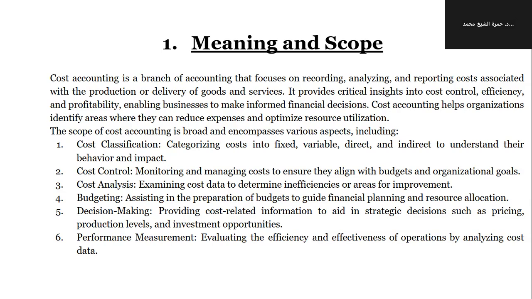Aligned means go parallel or go with the budget. When I make a budget, I will say the salaries of the laborers will be, for example, $150,000. So the salaries should not go beyond this number. If at the end of the year you spend about $175,000, this is the deficiency in cost control here.